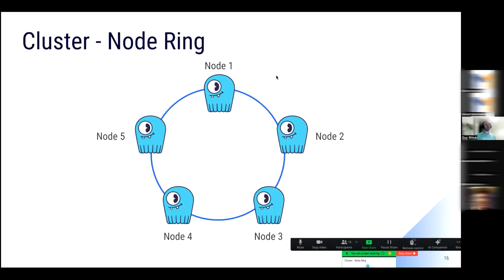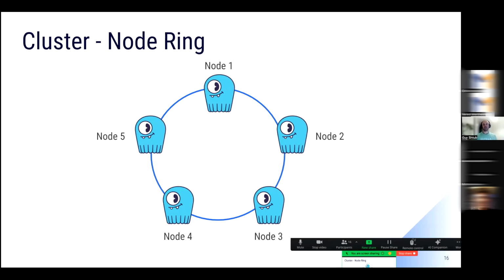Now, nodes work together to serve requests in what's called a cluster or a node ring. In this example, we can see a 5-node cluster. So these 5 nodes, we conceptually think about them as a ring, and they work together to serve requests. In the example that I just showed you, we had just a 1-node cluster. That was a demo, and that's fine.